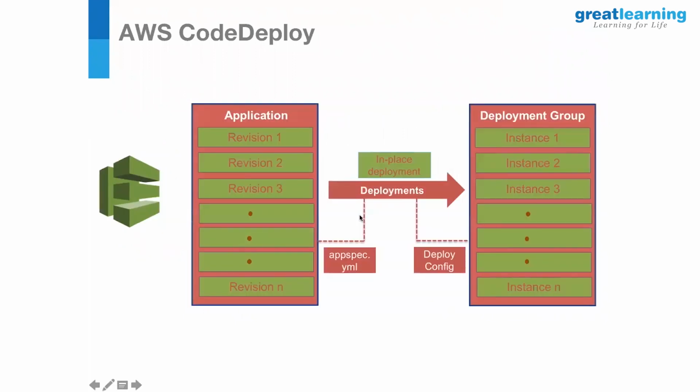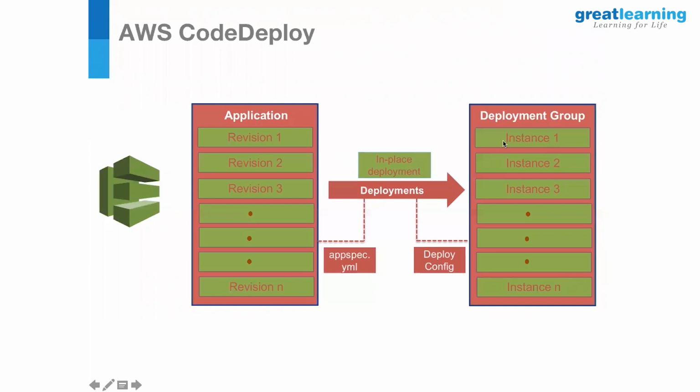So next we'll see the components of AWS CodeDeploy. The main components that we see are application, deployment group, revision, instances, and the configuration files. Those are the main components, I would say. An application is basically a collection of software and configuration to be deployed to a group of instances. Typically, the instances in a group run the same software.